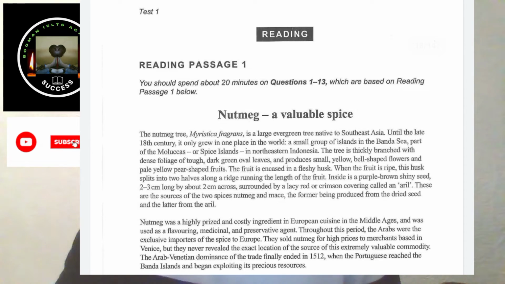So if you look at it, you will always read from where you will understand it. Yellow bell-shaped flowers and pale yellow pear-shaped fruit. I'm not interested in the shape of the fruit. Now, the fruit is encased in a fleshy husk. Encased. The question says, the dash surrounds the fruit.